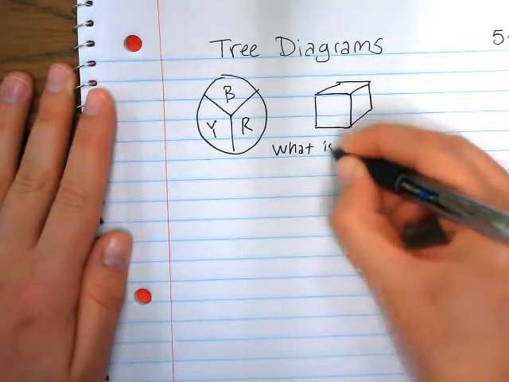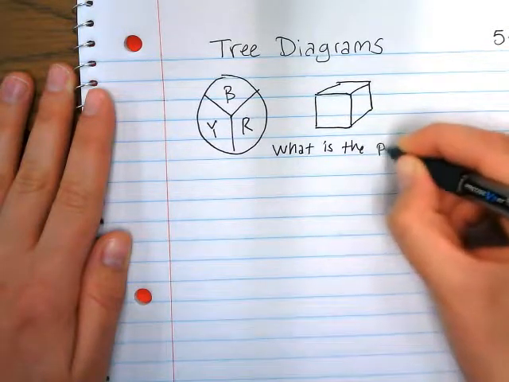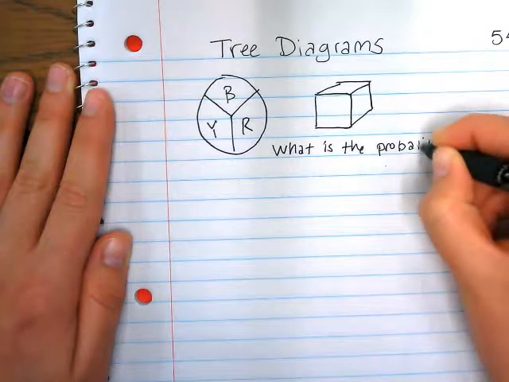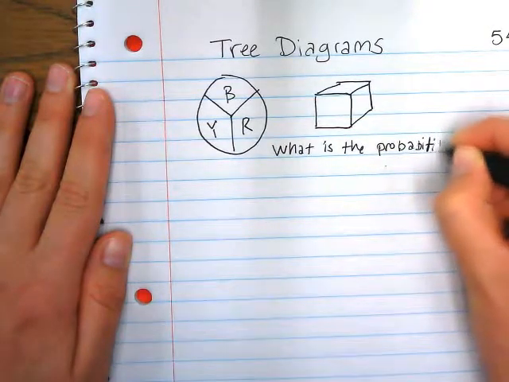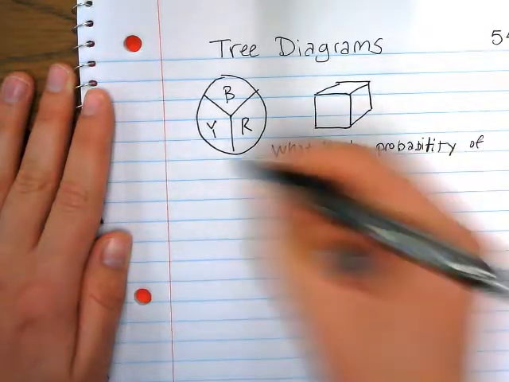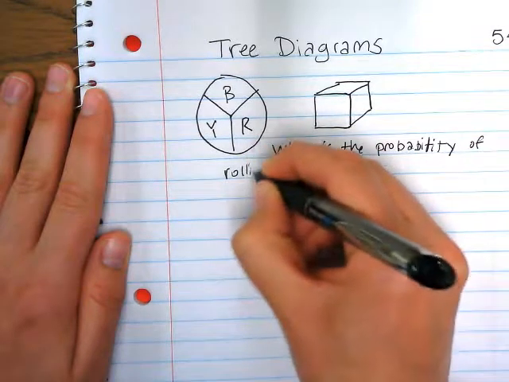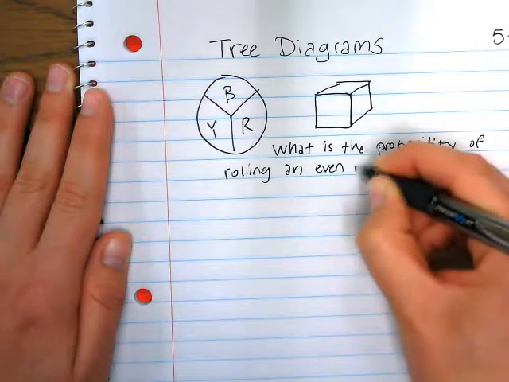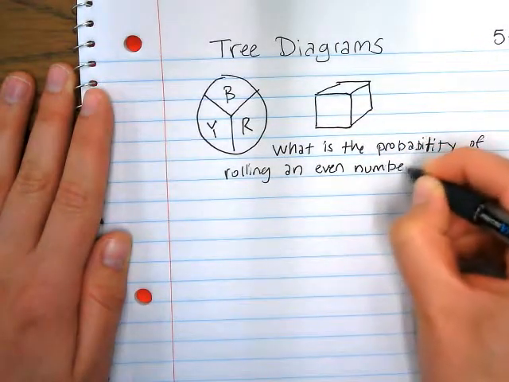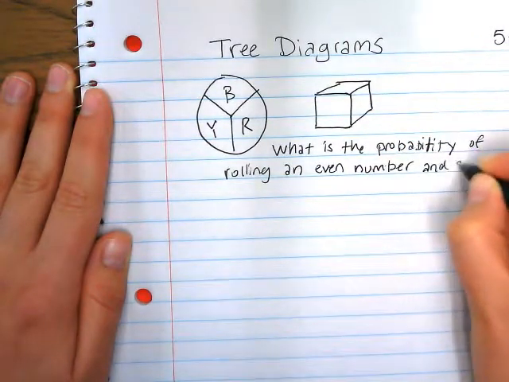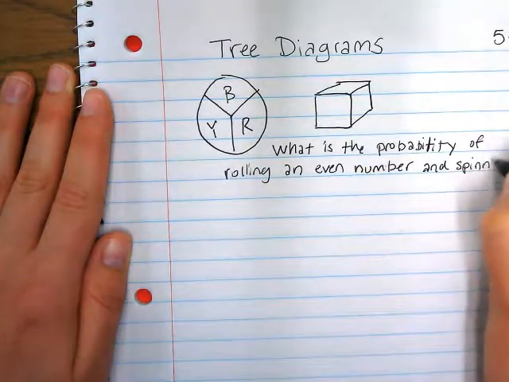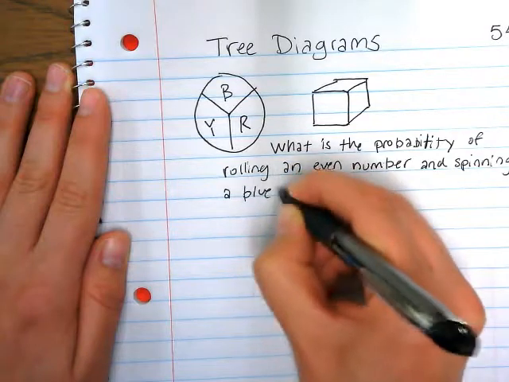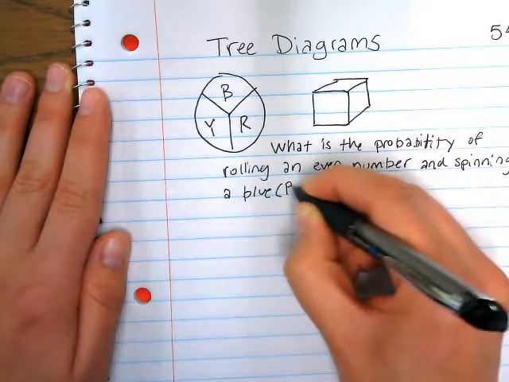So what is the probability of rolling an even number and spinning a blue, which is just the B that we have up there?